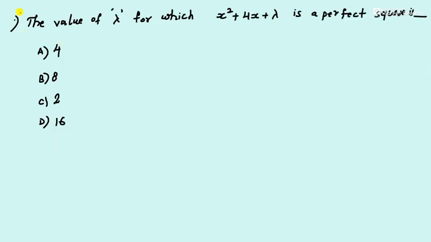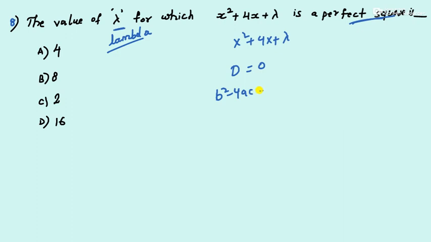Moving to question number 8. The value of lambda, for which x square plus 4x plus lambda is a perfect square. I have said this in the beginning. Perfect square means D should be equal to 0. What is D? b square minus 4ac equals 0.